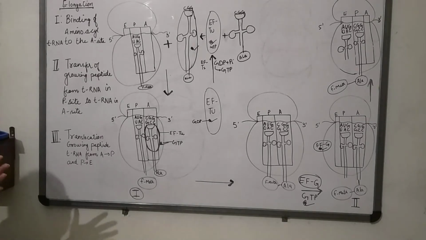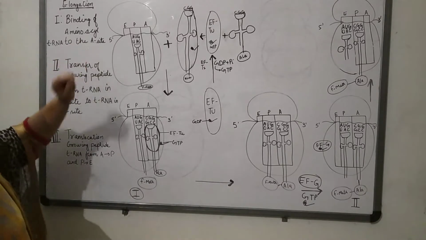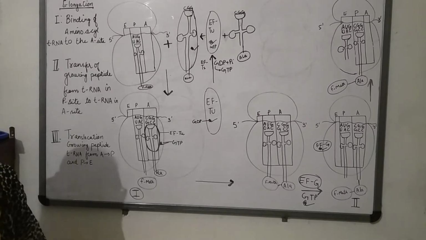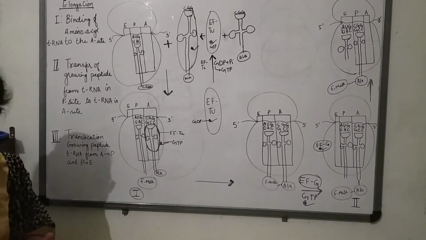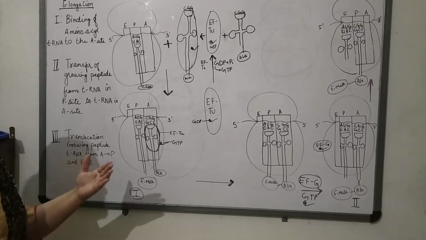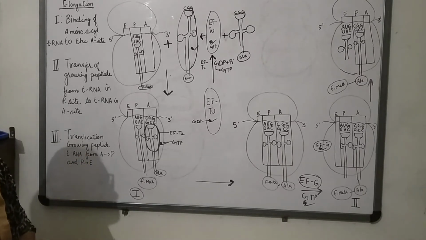How this binding of aminoacyl tRNA to the A site occurs, we'll discuss. So what is aminoacyl tRNA? I have already told you that aminoacyl tRNA should be charged. Only if it is charged with an amino acid can it come under the processing of elongation.